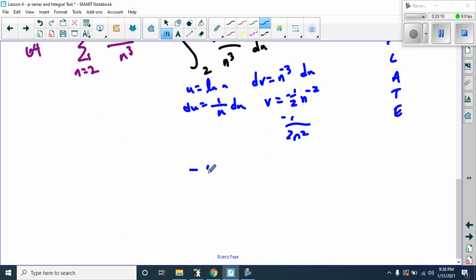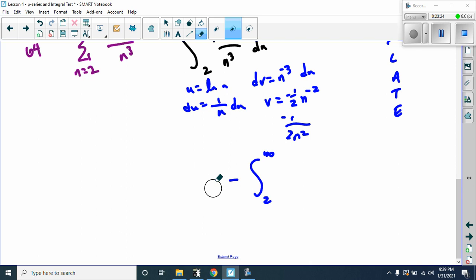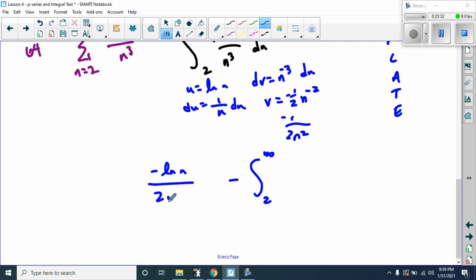So I get negative 1 over 2n squared times ln n, I'm sorry, u times v, I messed that up, u times v, minus the integral of v du, which is the part I just did, 1 over 2n cubed. Negative, negative, I changed that to plus, 1 over 2n cubed dn.